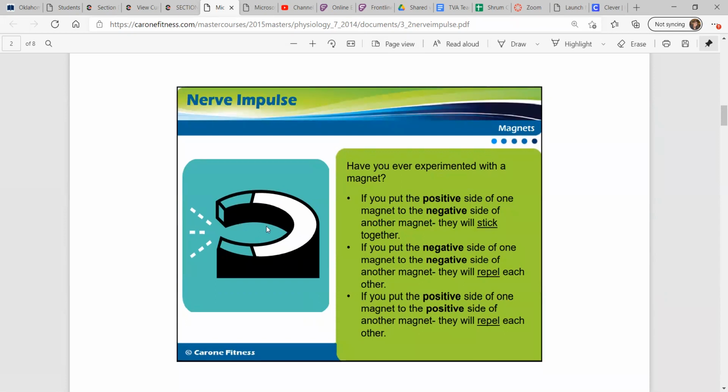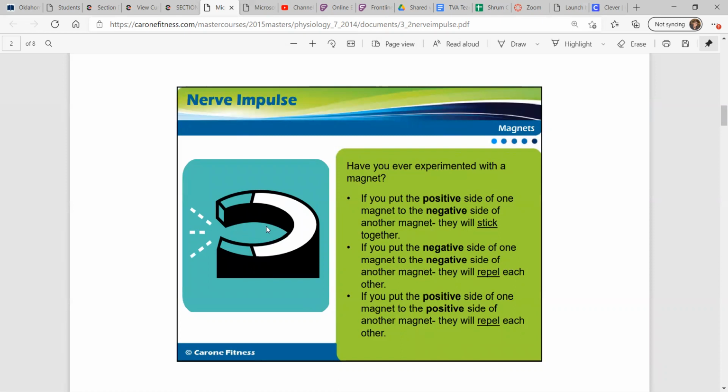All right, so have you ever experimented with a magnet? There is a positive side and a negative side of a magnet. And if you put a positive with a negative, they will stick together. If you put a negative side by another negative side of a magnet, they will repel each other.